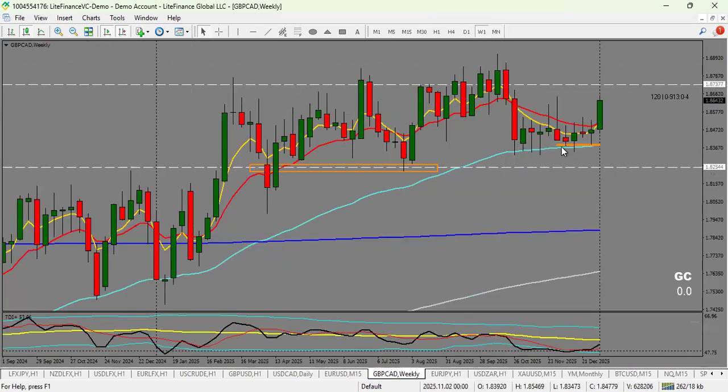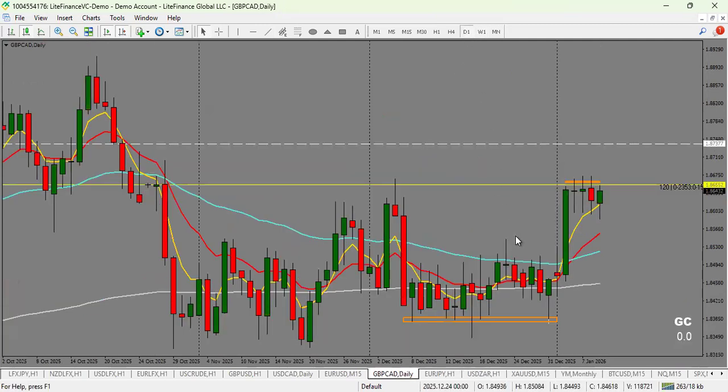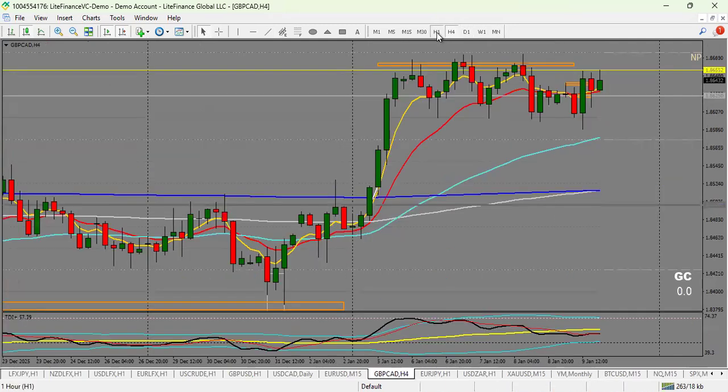And this is how the weekly time frame is. Last week we had a very bullish trend here. You can see we had this candle, and we had this as a void of liquidity.